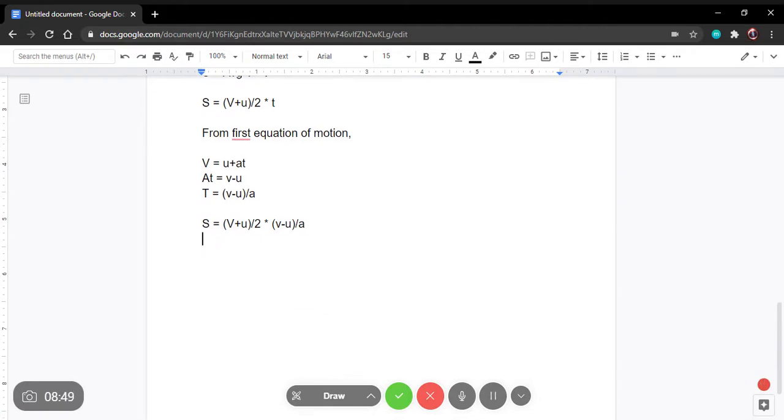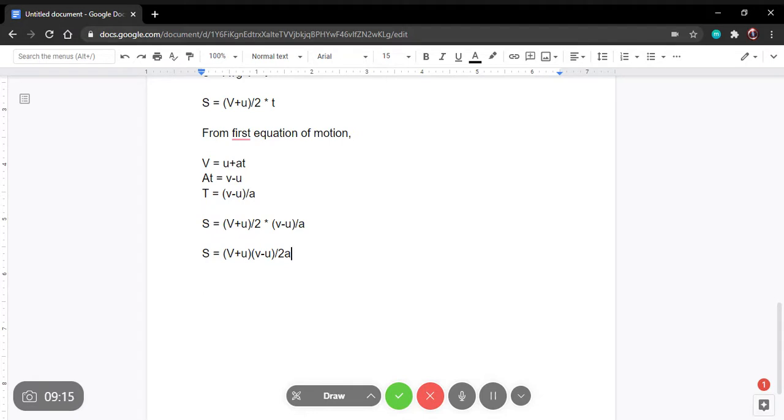Now we have two things in the denominator. Since these two are in multiplication, we can just multiply it as s is equal to v plus u into v minus u divided by 2a.